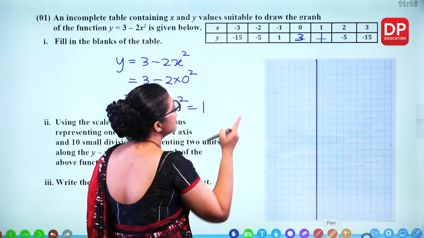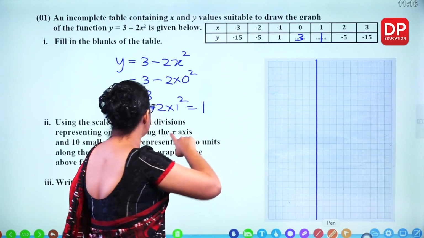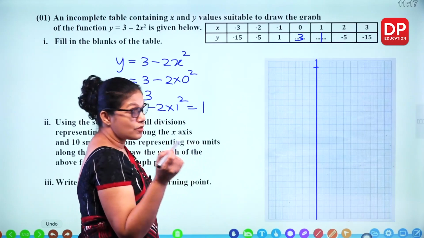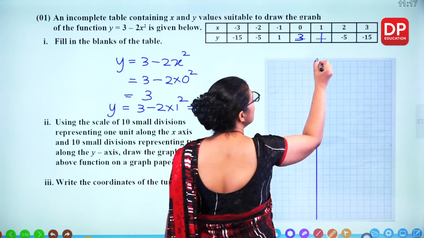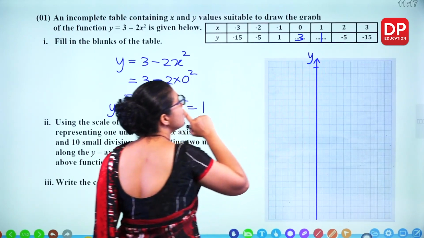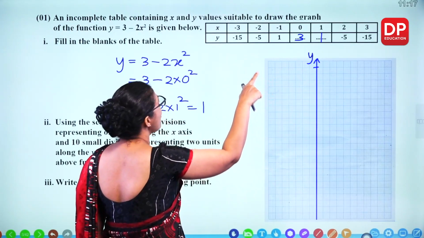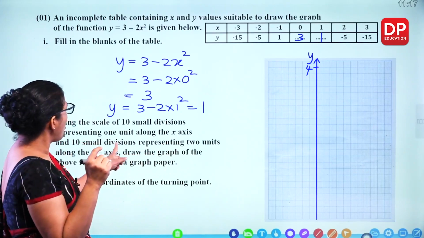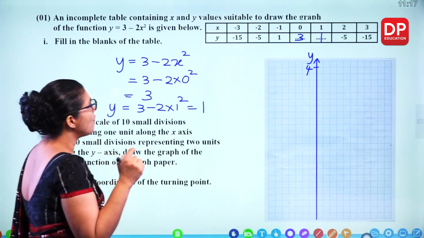Maximum y is like 3, but 2 units for one big square. So you can start labeling this y, and here start from 4. And it says 10 small divisions representing 2 units along y-axis.